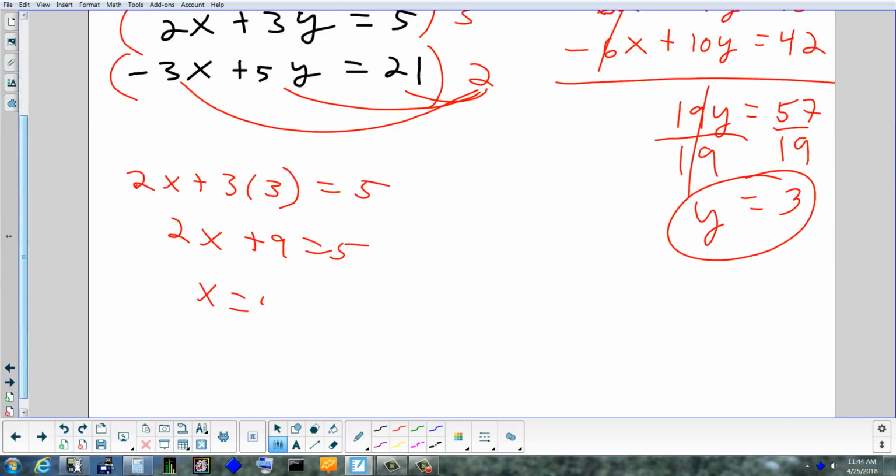And if you keep solving it, eventually you'll get x equals 4. Sorry. I messed that up. Negative 2. Okay. Any question on that one?